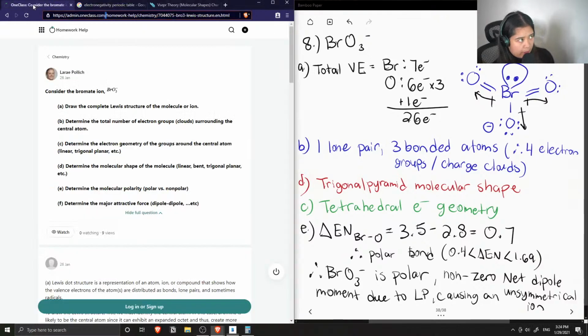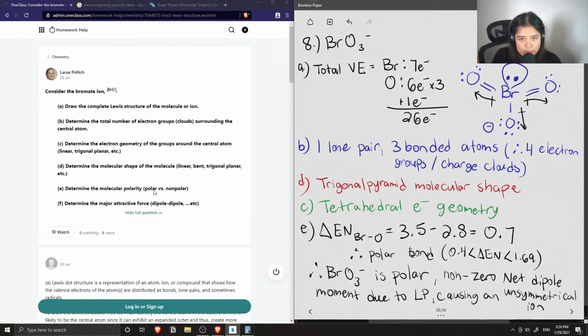And there's still a part F, determine the major attractive force, dipole-dipole, etc. So just to sum it up, the dipole-dipole is the main attractive force, because of that electronegativity difference between bromine and oxygen.